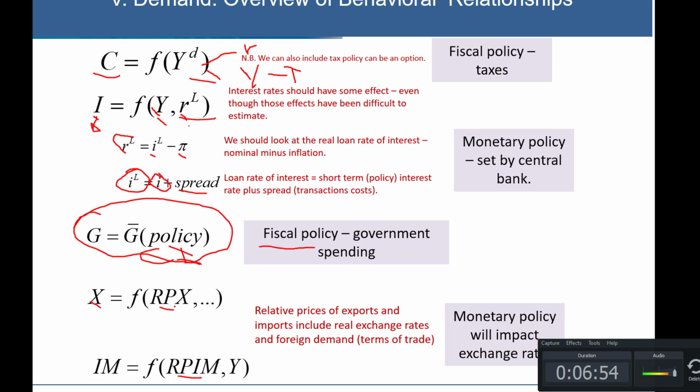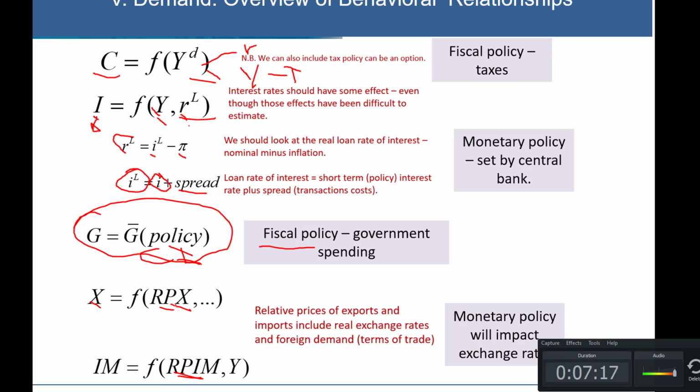We're going to be looking at real exchange rates that are specifically relevant for exporters and importers, and we'll be calling those the relative price of exports and the relative price of imports, and we'll be assuming that all else equal, it's the relative price of exports.